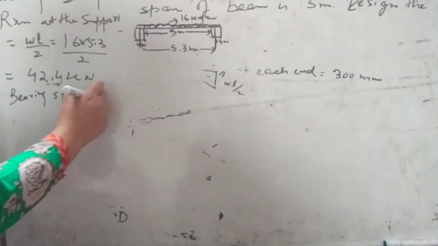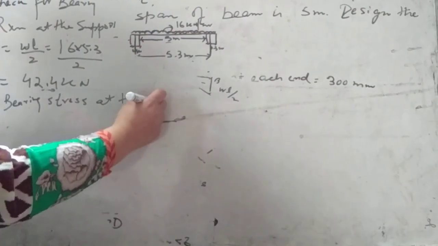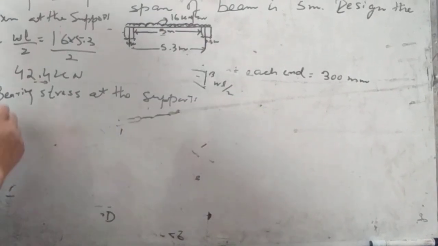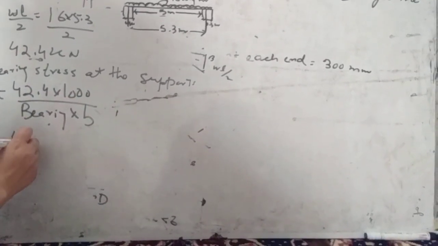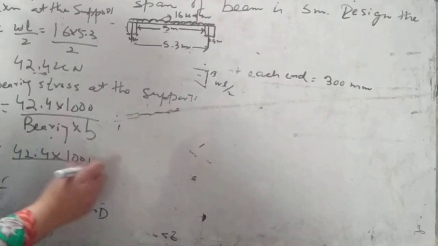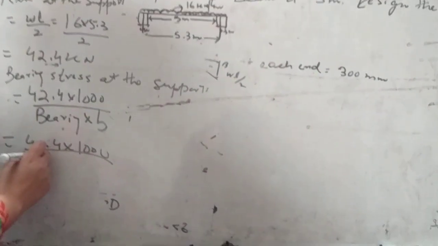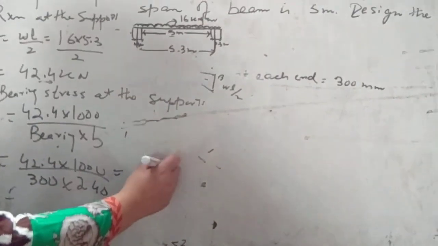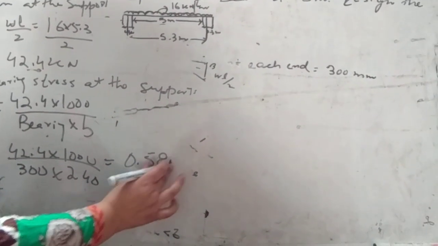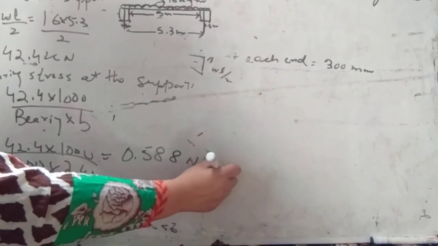Now you have to determine the bearing stress at the support, that is equal to maximum shear force, 42.4 converted into Newton, that is 10 raised to the power 3, divided by bearing into B. This will be 42.4 into 10 raised to the power 3, divided by bearing 300 and width 240. So it will come out as 0.588 Newton per mm square.